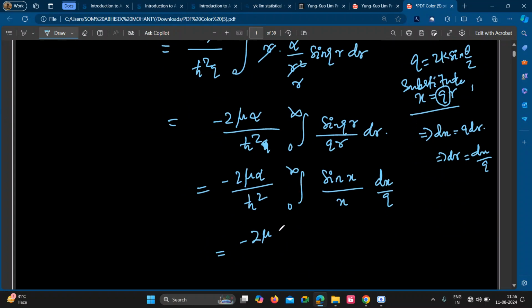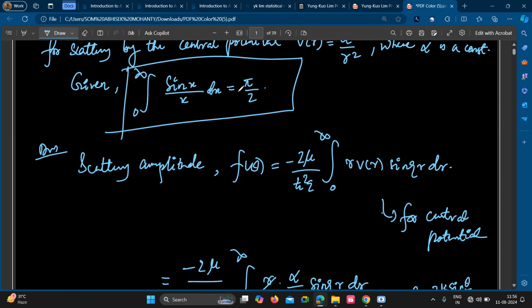So minus 2 mu alpha by h cut square q, integral 0 to infinity sine x by x dx. The integration for this is given here, pi by 2.